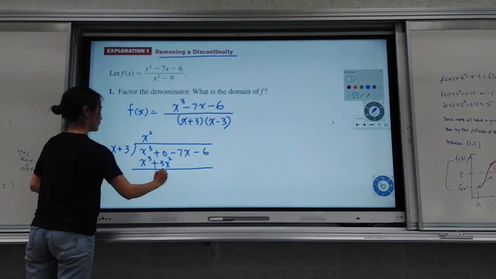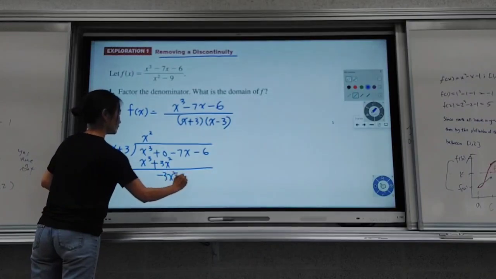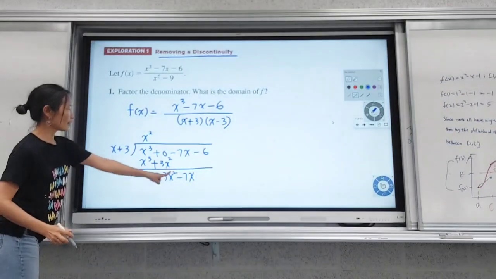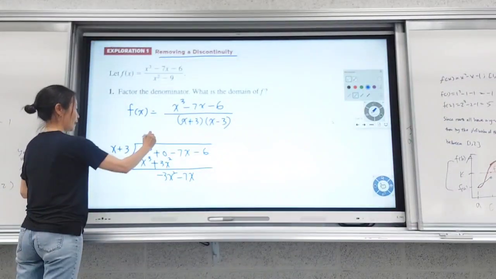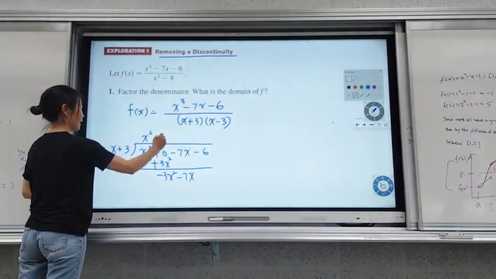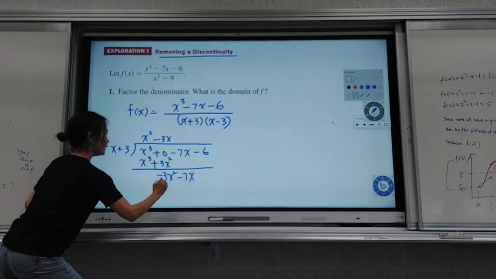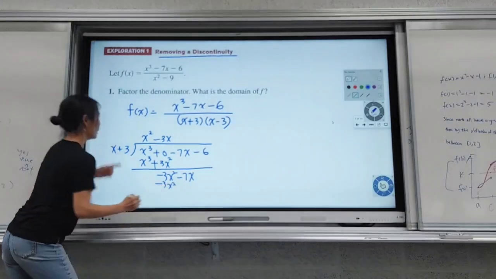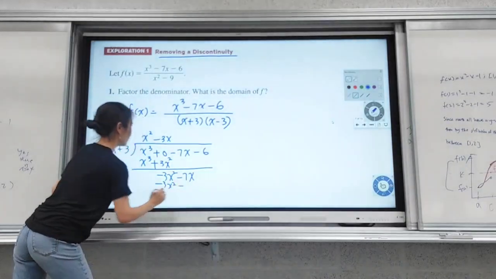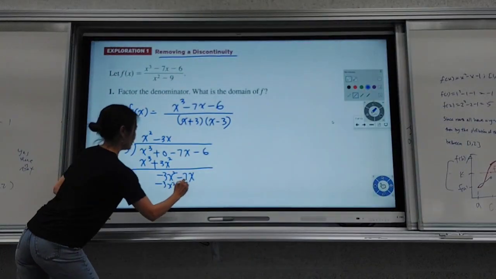Subtract. Okay, negative 3x squared. So I need to times negative 3x, right? Multiply. And then minus 9x. Am I right? 9x.